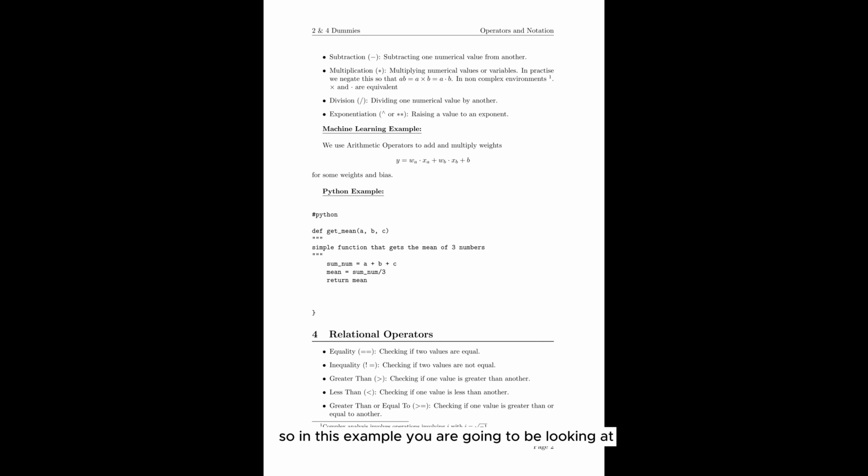So in this example, we are going to be looking at one of the fundamental concepts of machine learning, and that is weights and biases. So there we have an equation: y is equal to wa dot xa plus wb dot xb plus another term b.